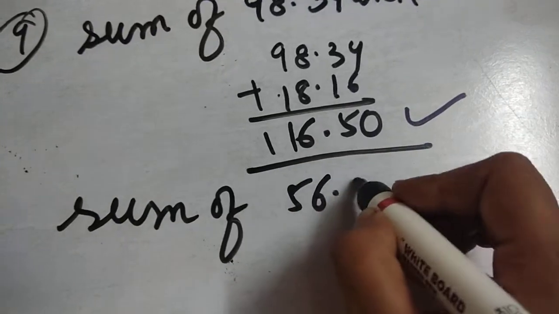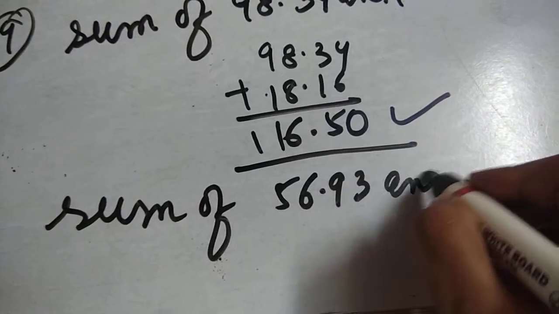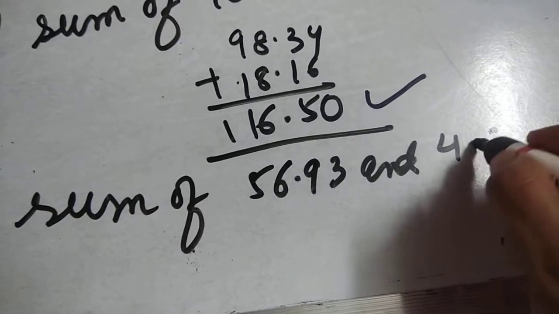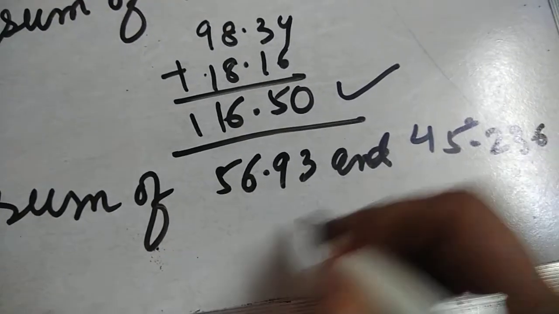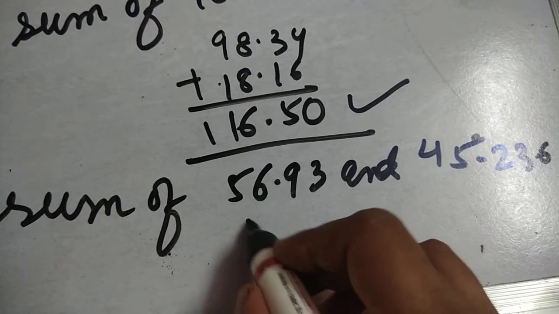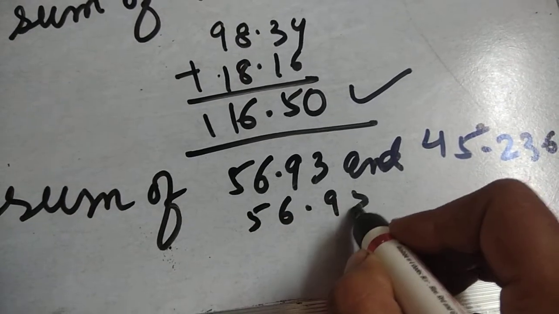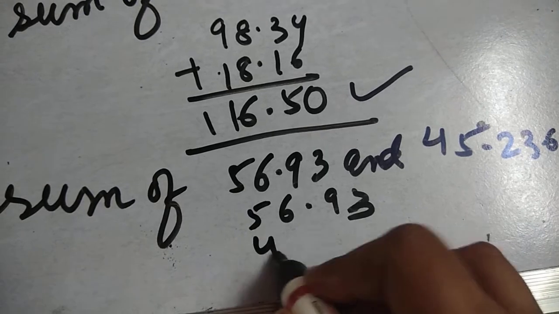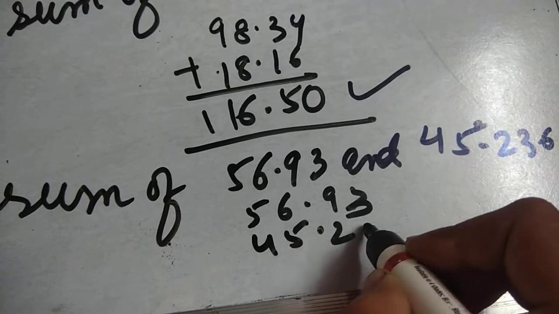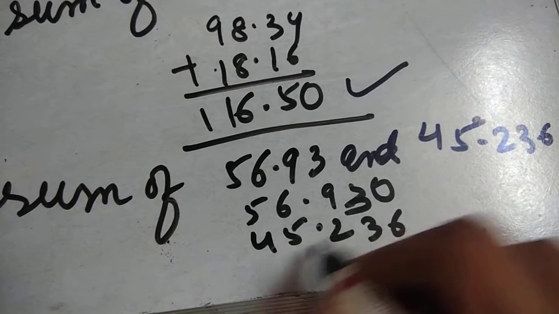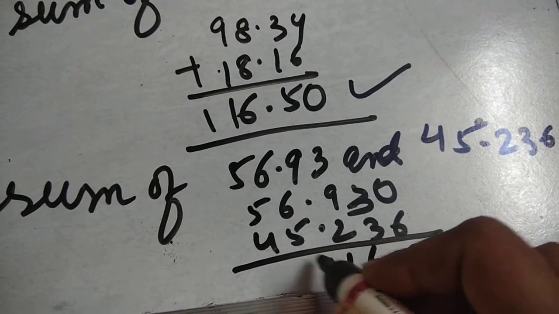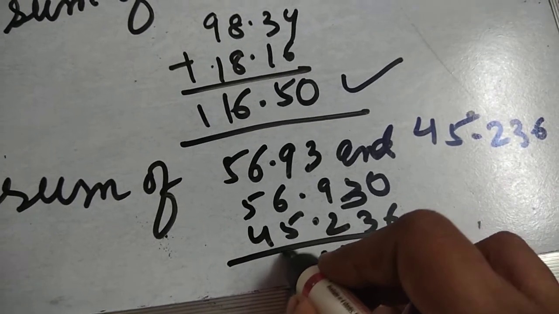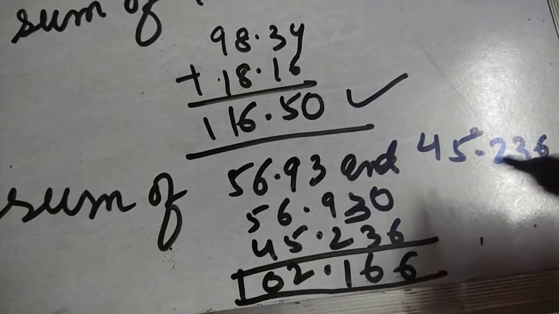In the question it is given 56.93 and 45.236. Then the addition of these numbers, 56.93 and 45.236, so here the value becomes this one.